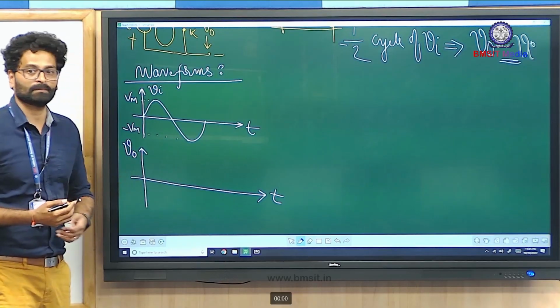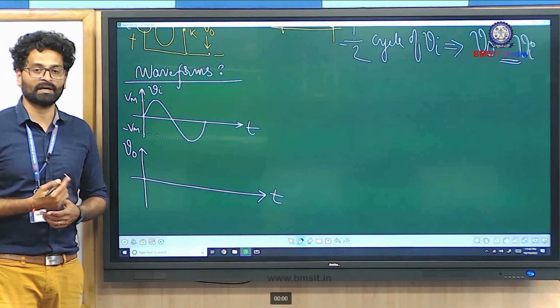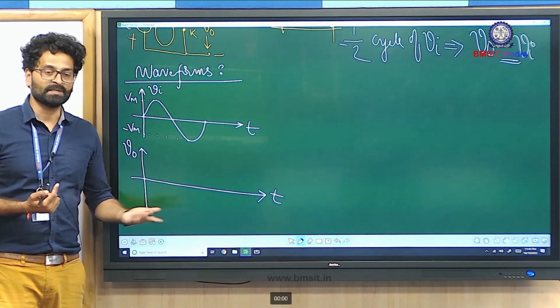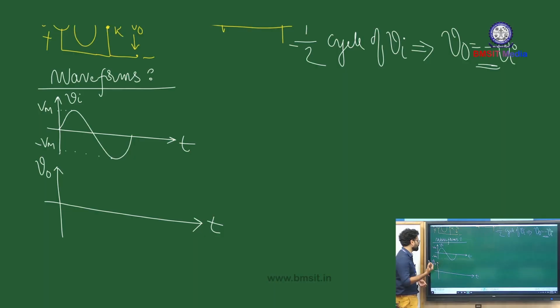Now let us look at the analysis of the positive half cycle. During the positive half cycle of the input, the diode was short circuited, due to which we obtained output voltage as 0 volt. So for the entire positive half cycle of the input, the output stays at 0 volt level.